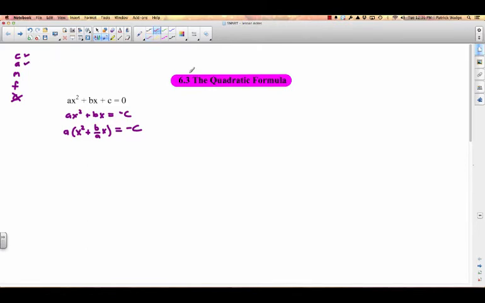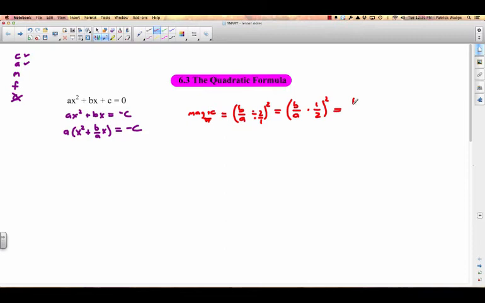The magic number. To get the magic number, we take the coefficient in front of the x, so that's b over a. We divide it by 2, I'll write it this way, and we square it. 2 is the same as 2 over 1, so that's b over a times, when you divide fractions you multiply by the reciprocal, 1 over 2, and then we square that.